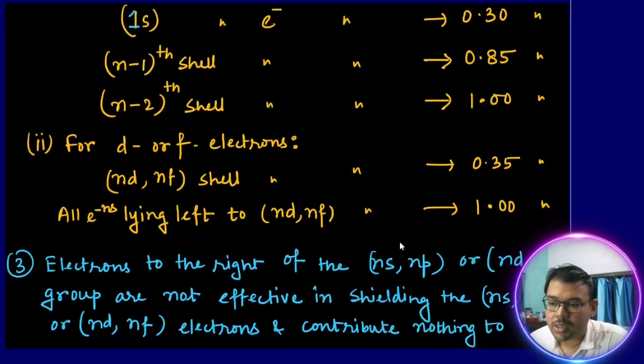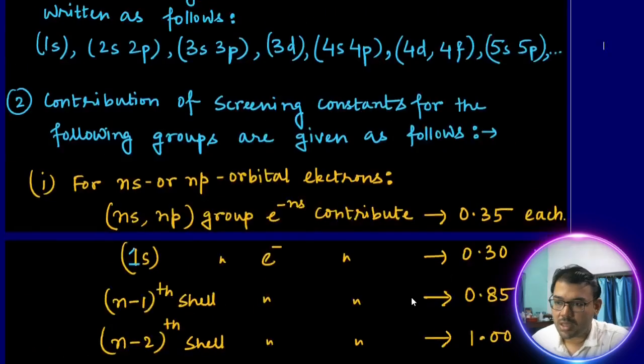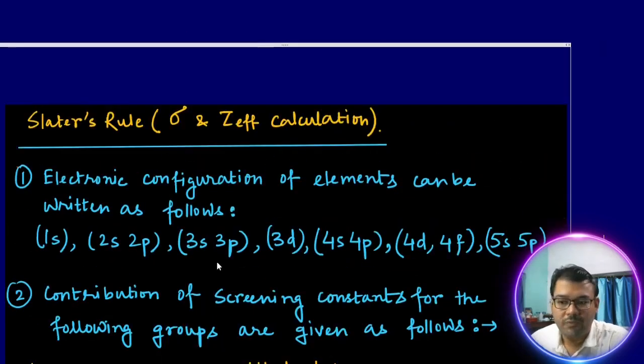The third point is that electrons to the right of the ns-np or nd-nf groups are not effective in shielding the ns-np or nd-nf electrons. Here, if the valence shell is 3s 3p, then after 3s 3p, in 3d and 4s 4p, there are no electrons, so these orbitals cannot contribute any value to the shielding constant.